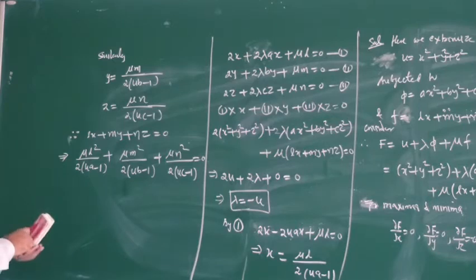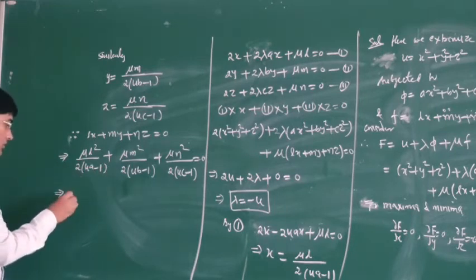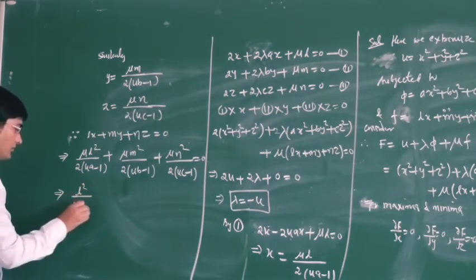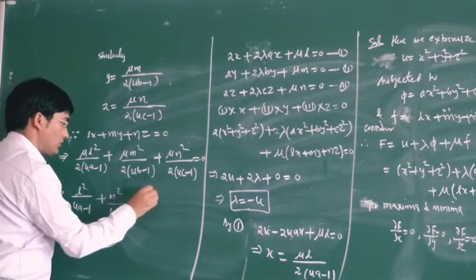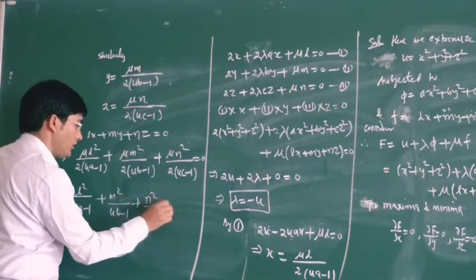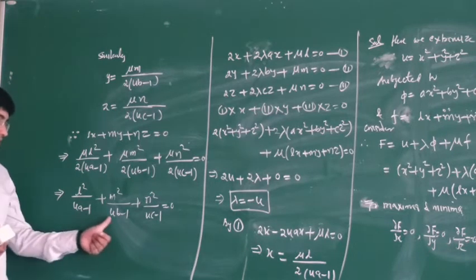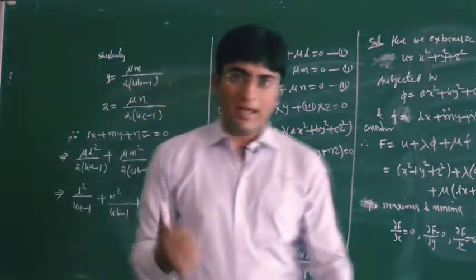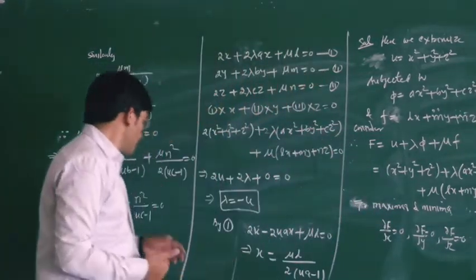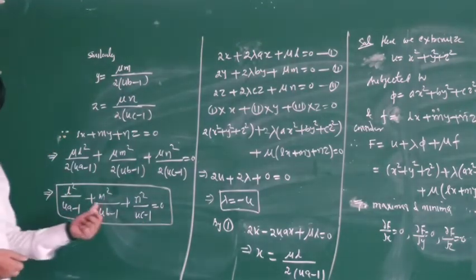If we multiply the whole equation by 2 by mu, then we will have l square upon ua minus 1 plus m square upon ub minus 1, then n square upon uc minus 1 equal to 0. Now you can see that this is your cubic equation in u. With the help of this cubic equation in u, we can have its maximum or minimum value. So here we are not getting any particular value for maxima and minima, but we have a relation.